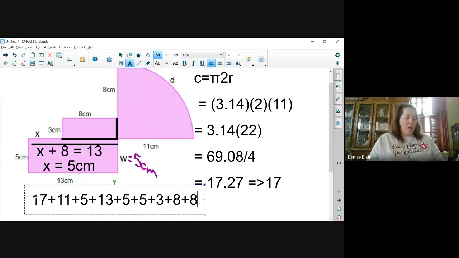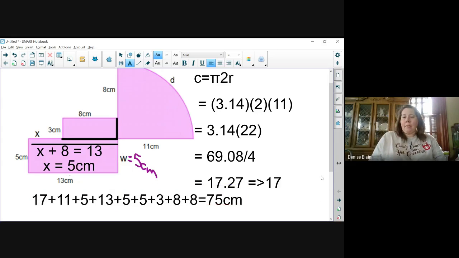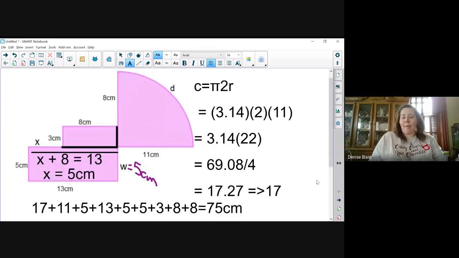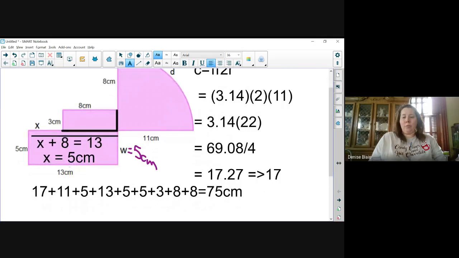When you add it all up, I believe you get 75. Add it again. Correct, 75 centimeters. And that is the answer of the perimeter of this shape, 75 centimeters.